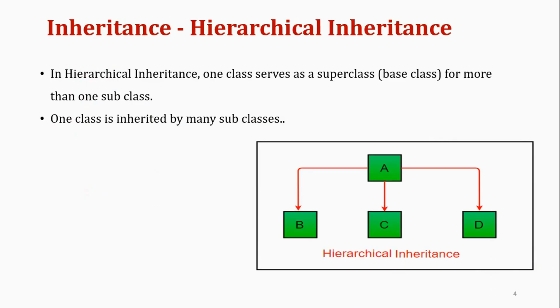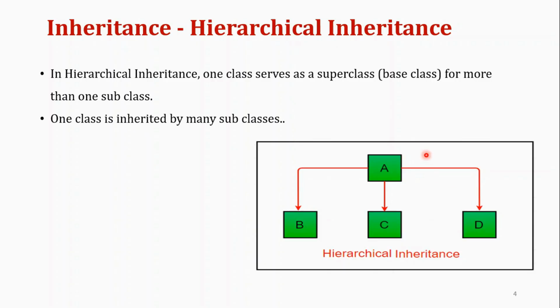Coming to hierarchical inheritance, one class acts as a base class for more than one subclass. For example, for classes B, C, D, these three derived classes have only one base class, class A. Class A acts as an apex for all the B, C, D classes.